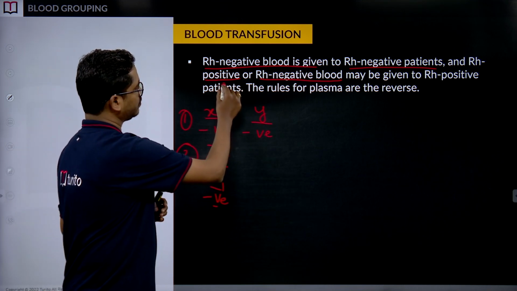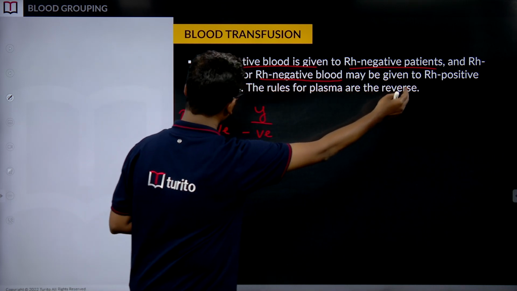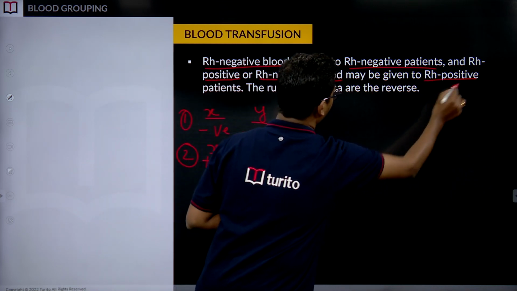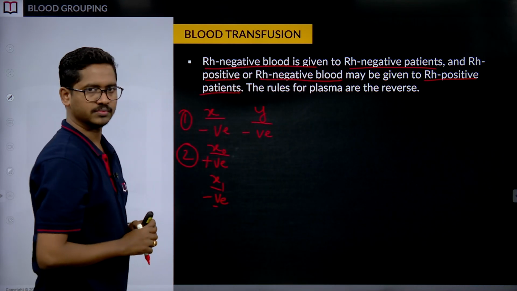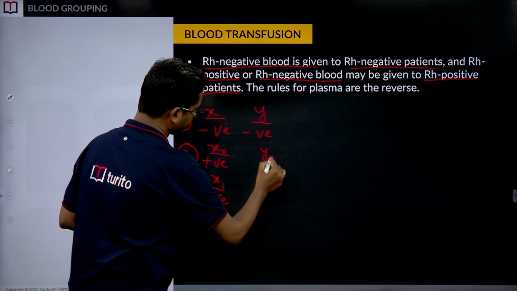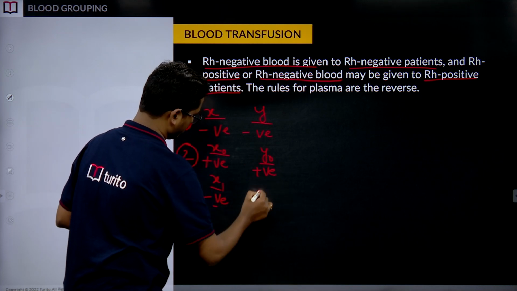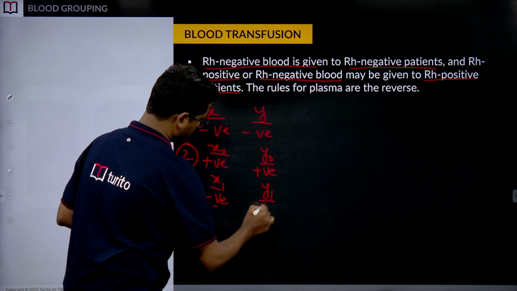So, the Rh positive or Rh negative blood may be given to Rh positive patients. That means, they can give blood to Rh positive patients. So, again I am writing here, you see.